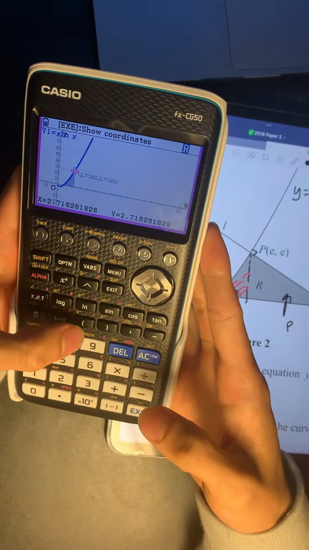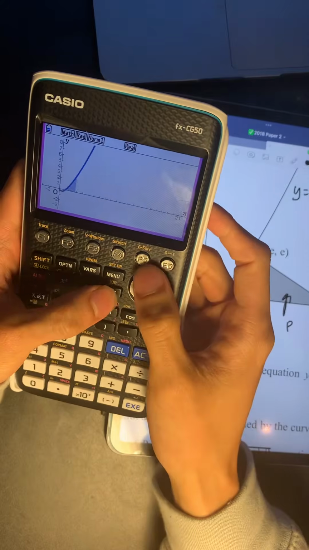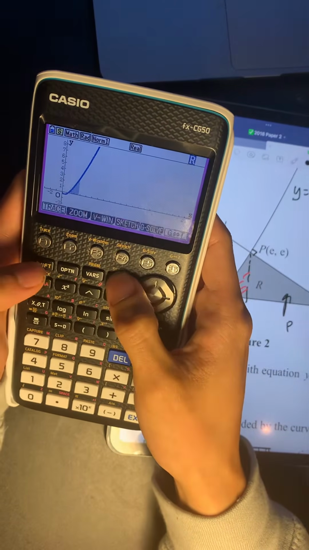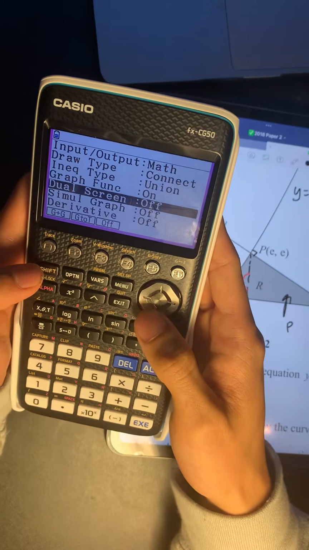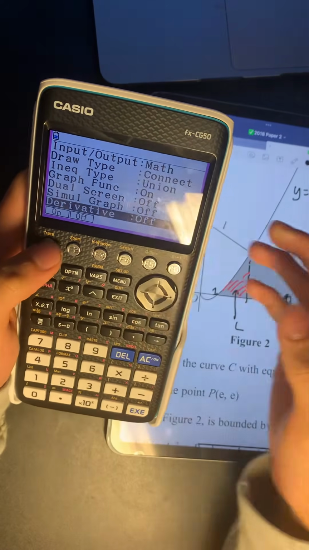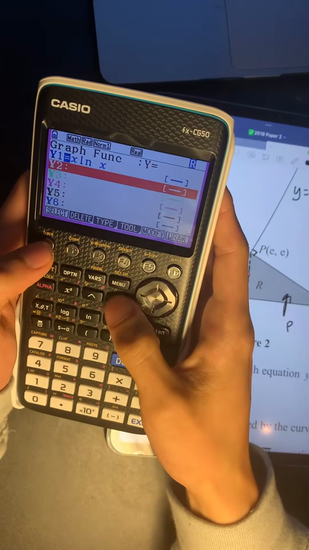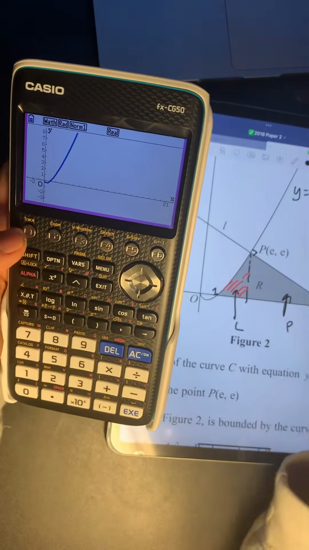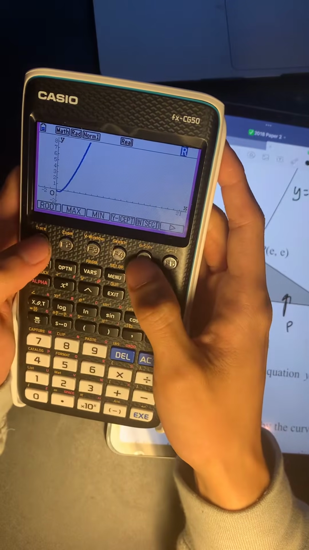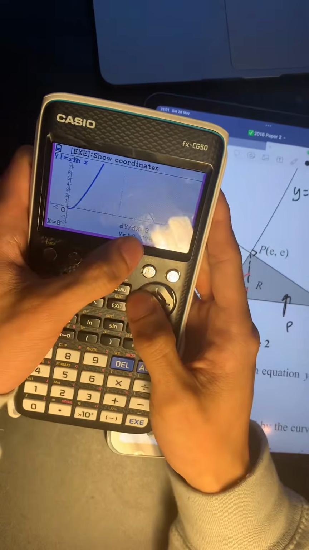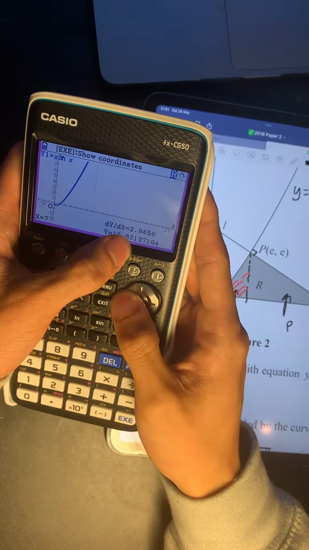So we go shift menu, and then here you can turn on the derivative function. So make sure you turn on derivative. When you turn on derivative, you can go G-solve and trace, and as you can see here, it outputs what the gradient at that point is.